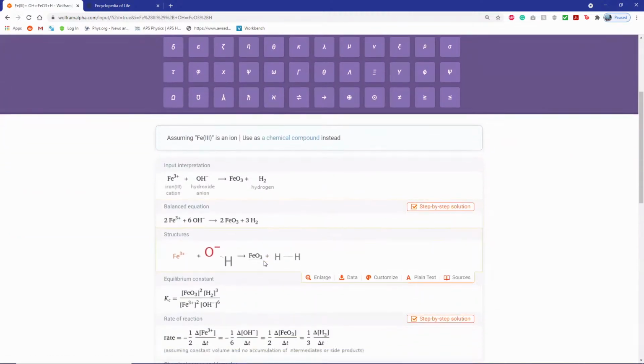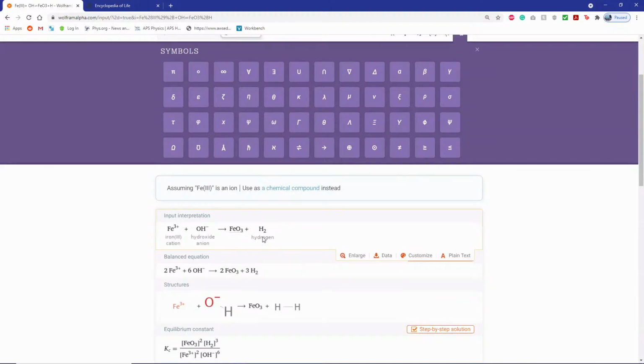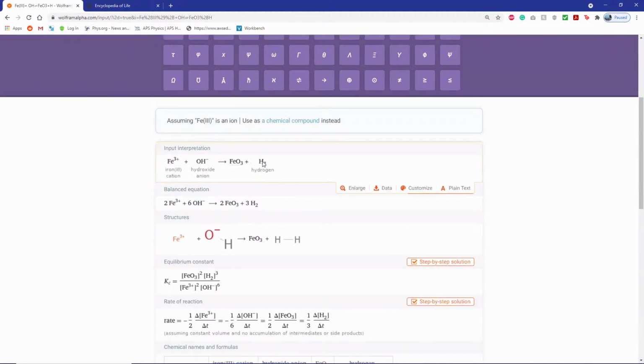I don't know if it's an actual reaction that works, but it's worth noting that it actually has the wherewithal to balance it. It noticed that it balances hydrogen as a bonded pair, not just a single hydrogen like I entered. So this is something to do. You can look at the equilibrium of a reaction.